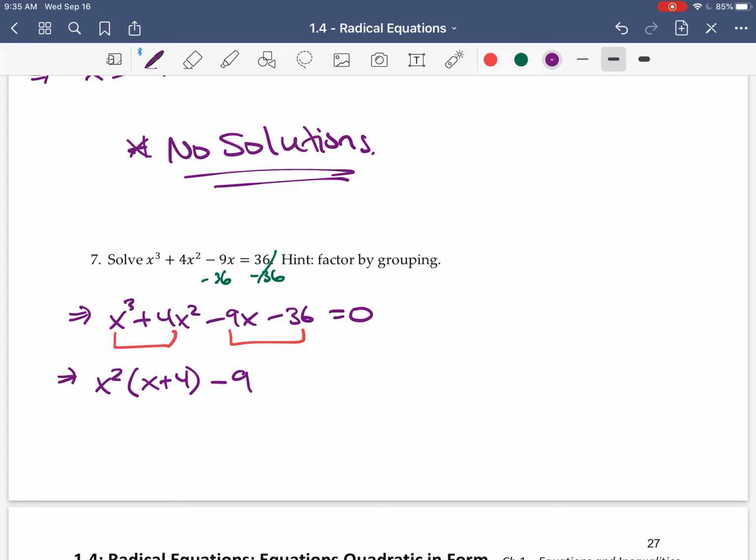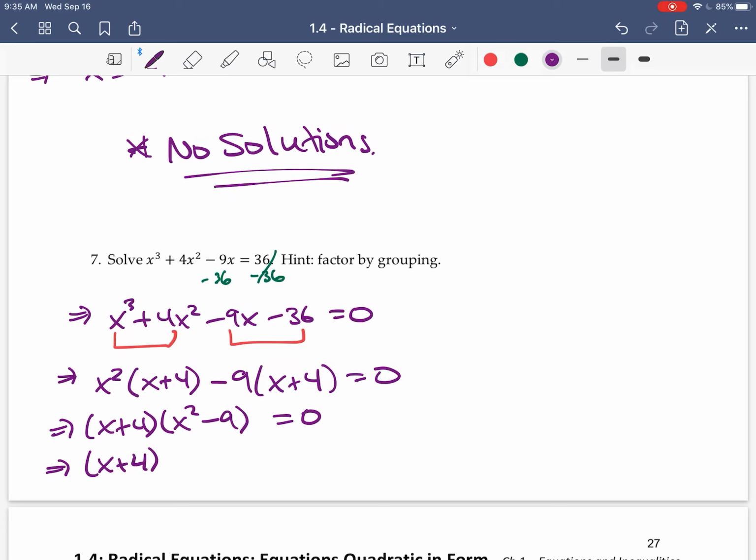From the next two, I can take out minus 9, and I'm left with x plus 4, because 9 times 4 is 36. Now I can factor out the x plus 4, and I'm left with x squared minus 9. This part here is a difference of squares, so it factors as x plus 3 times x minus 3.